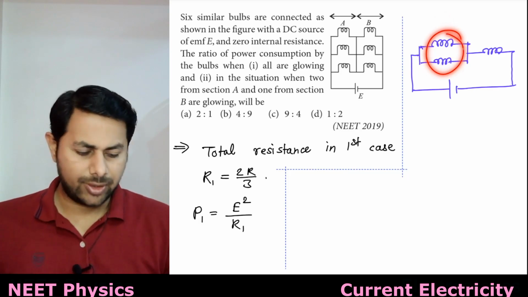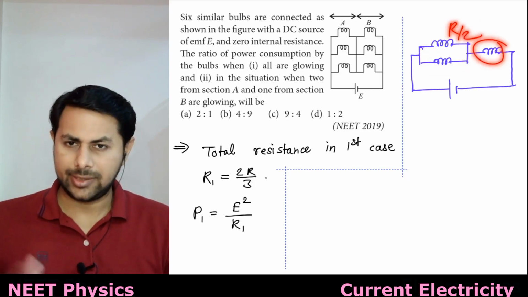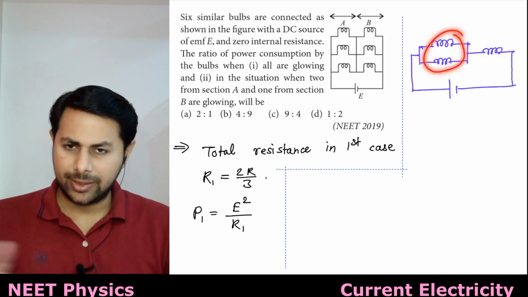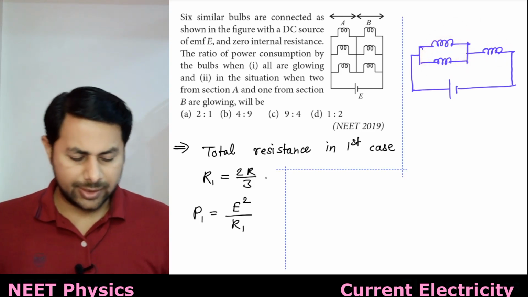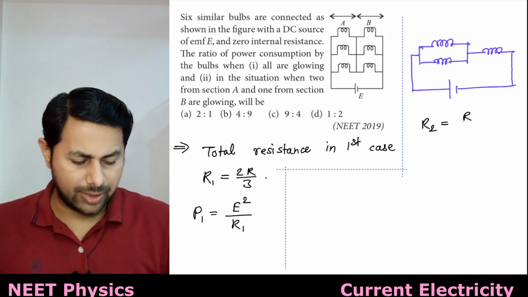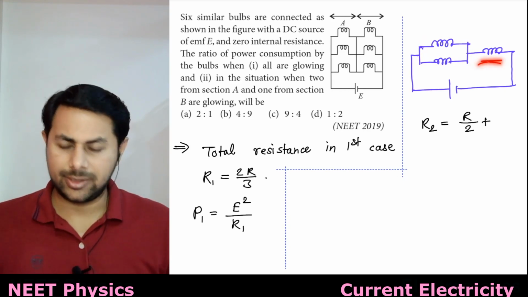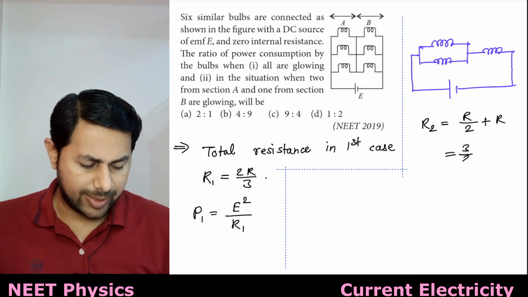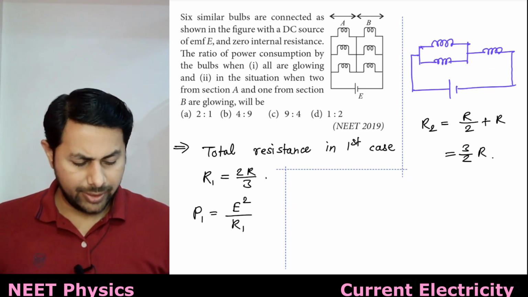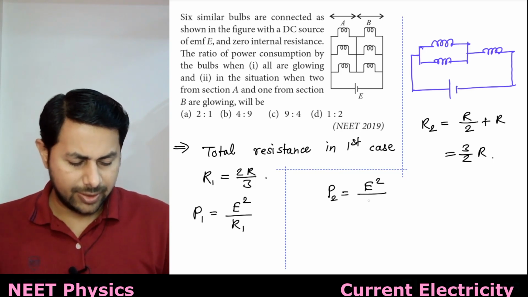So the resistance of this parallel combination is R by 2. So you have R by 2 and R in series. So the total resistance in the second case, let's call it R2, is R by 2 plus R, so that is 3 by 2 R. And power dissipated in the second case would be equal to E square by R2.